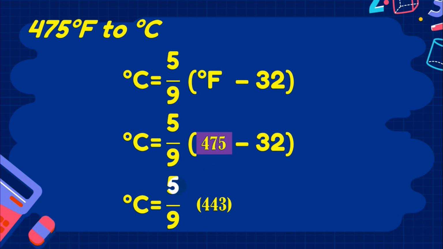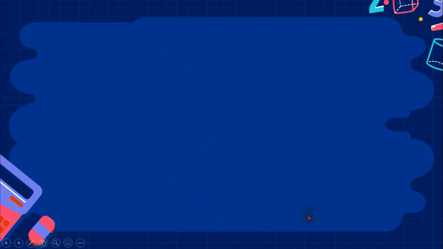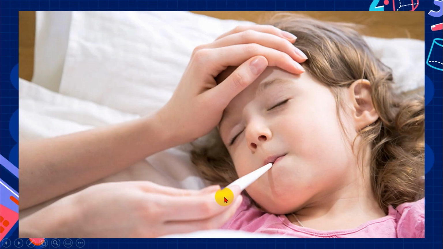And then, pagka-pindot mo ng equals, pindutin mo si divide, kasi naka-out of tayo or naka-over ka dito, divided by 9, and then equals. So, kumbaga, hanapin mo muna yung sagot nitong dalawa. I-times mo muna silang dalawa. Ano yung sagot doon bago i-divide mo by 9. So, we're going to have our answer as 246 degrees Celsius. Okay? So, let's have another example.